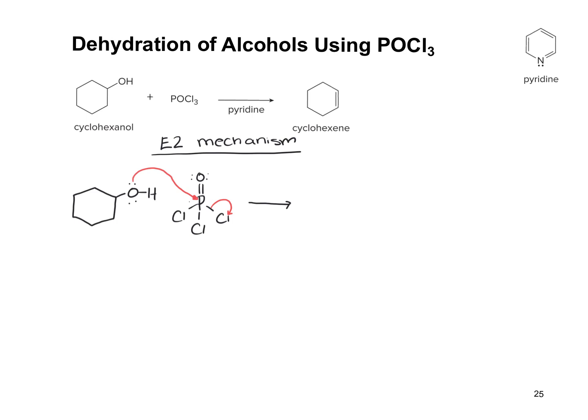And so we draw our product here. And remember, we're following those arrows. Now we have a protonated oxygen, and here's where pyridine comes in.